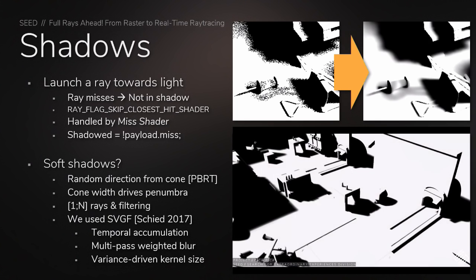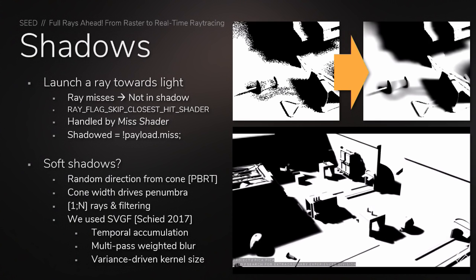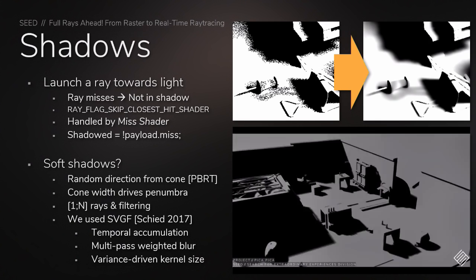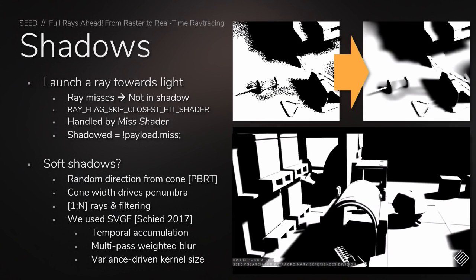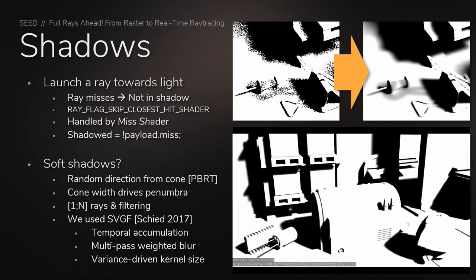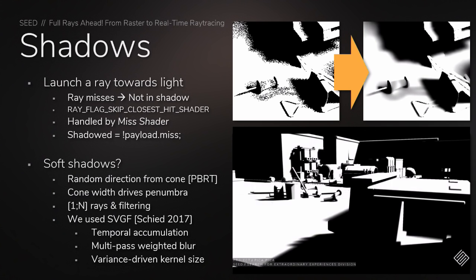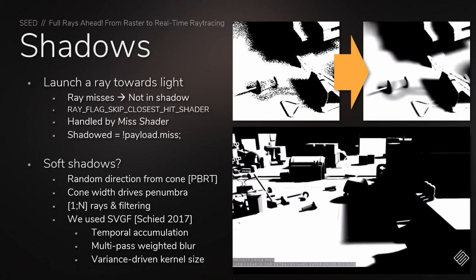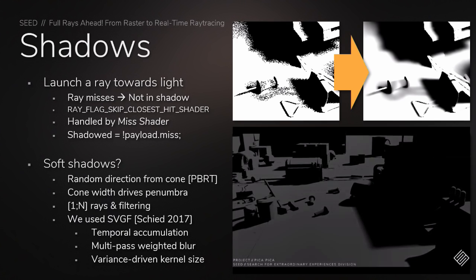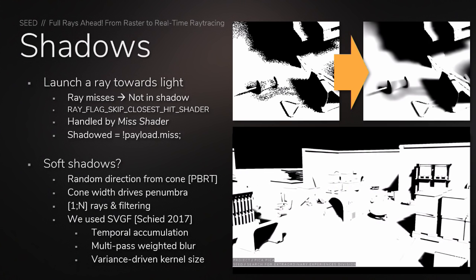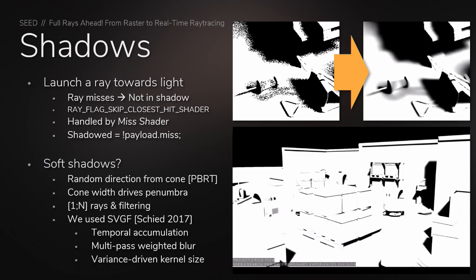Those can be implemented by sampling random directions in a cone towards the light. The wider the cone angle, the softer the shadows get, but the more noise you also get, so you'll have to filter it. You can launch one ray, or more than one ray, but that will require some filtering.